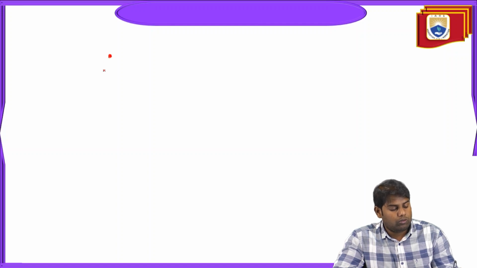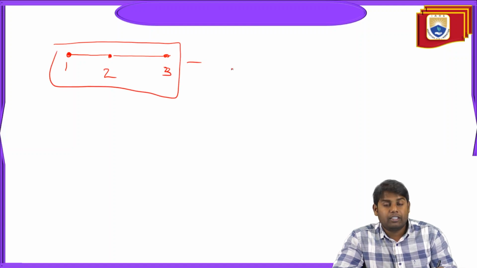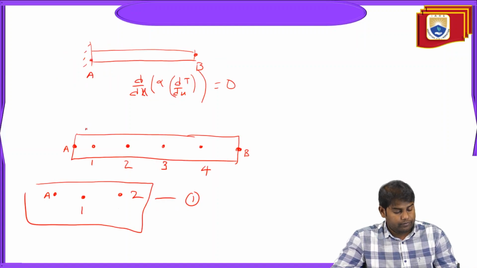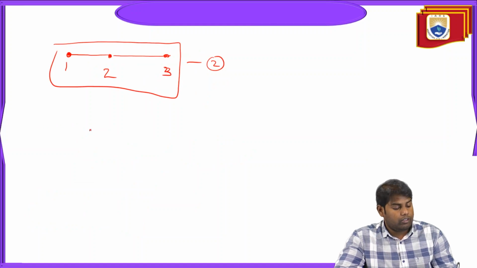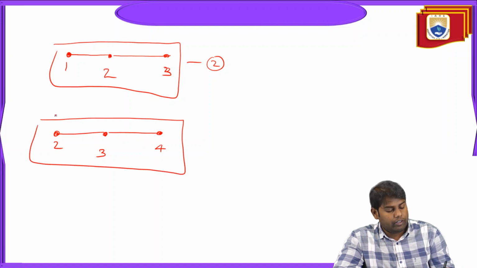Next, point 2 has the neighboring points 1 and 3. This will be another set of equation. For point 3, we have 2 and 4, another set of equation.